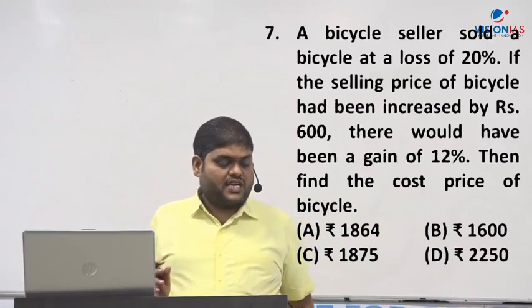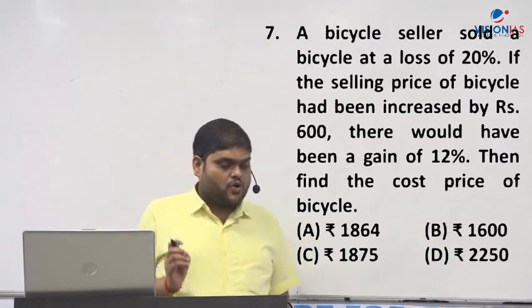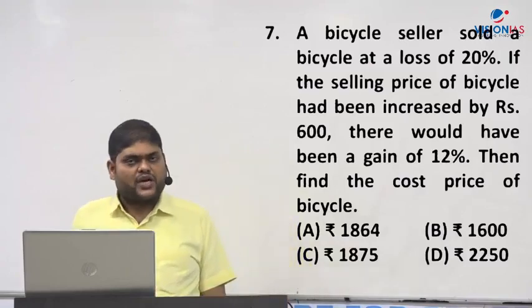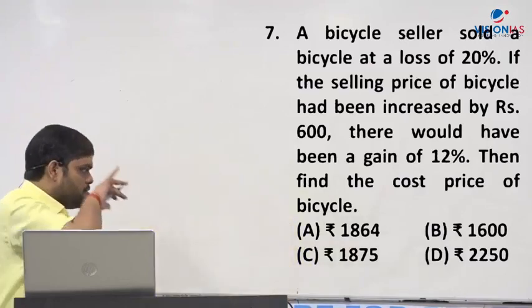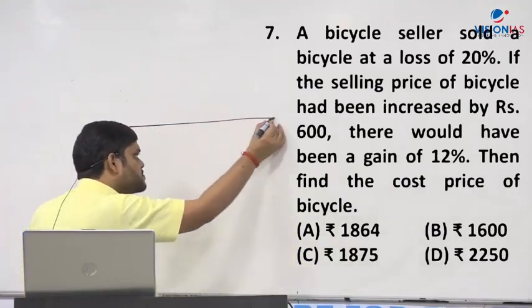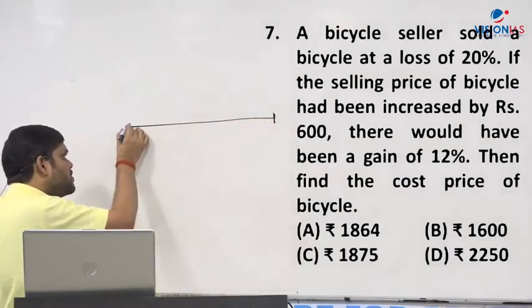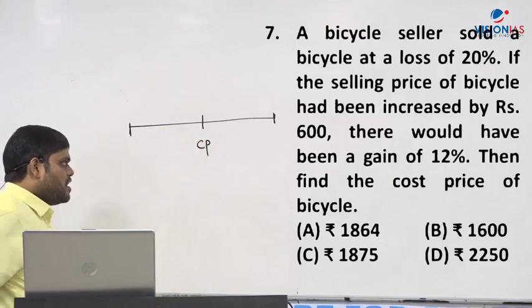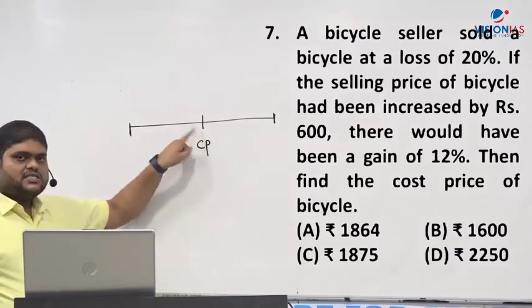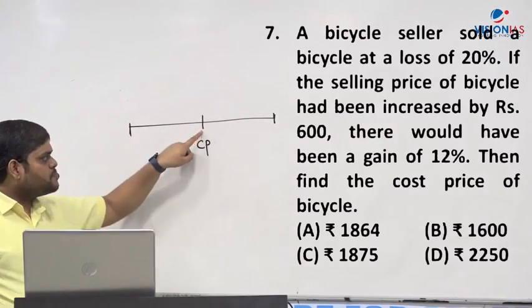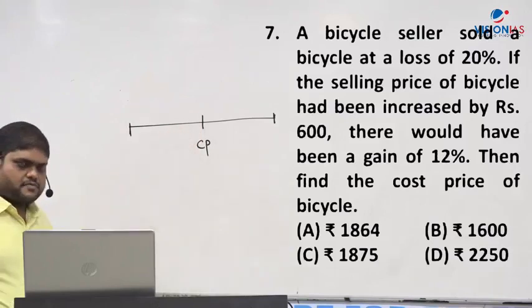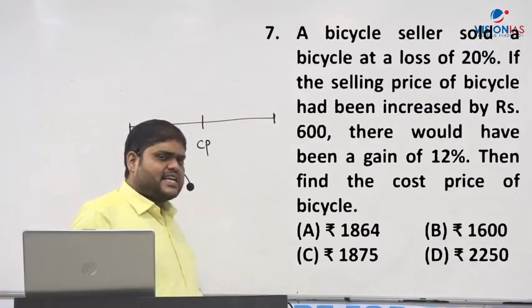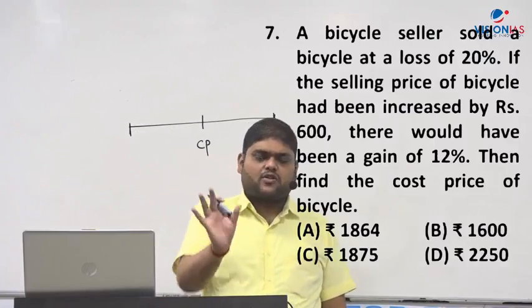Okay, the question is, a bicycle seller sold a bicycle at a loss of 20%. See, suppose this is the cost price. In this line, this part is showing the cost price. A person is selling a bicycle at 20% loss.